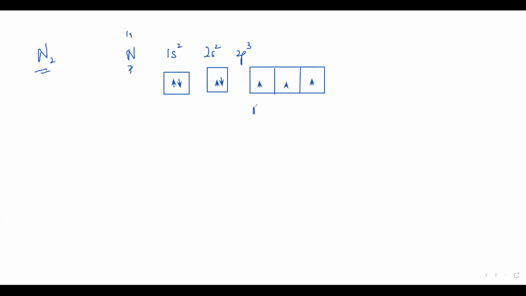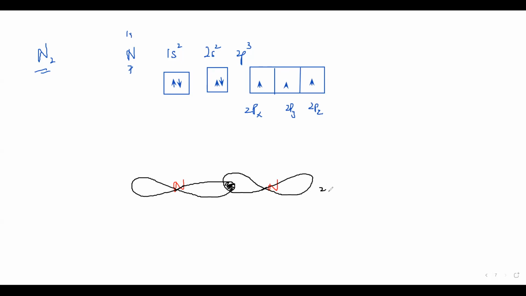So this is 2px, 2py, 2pz. So we have two nitrogen atoms. First we draw 2px. So this is example 2px. So 2px of one combined with 2px of the other.